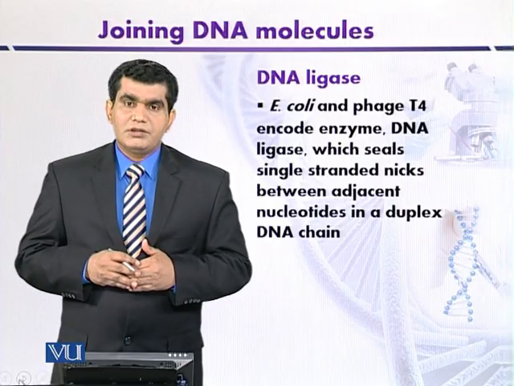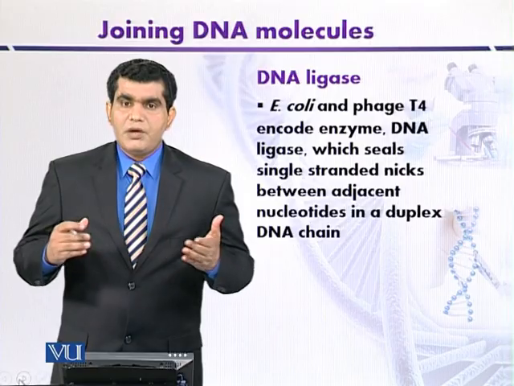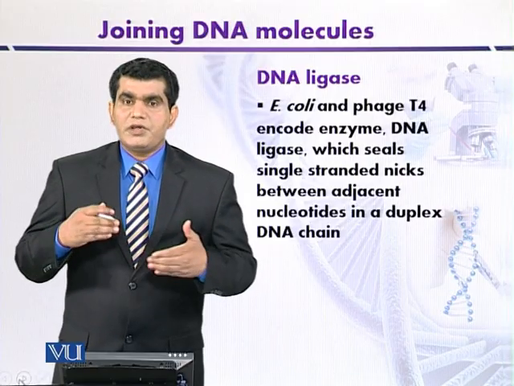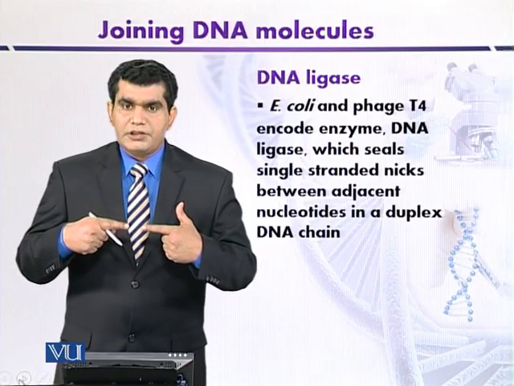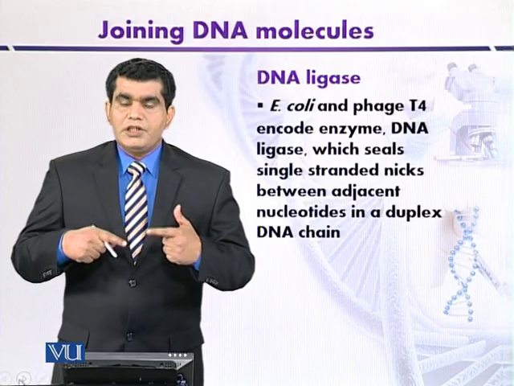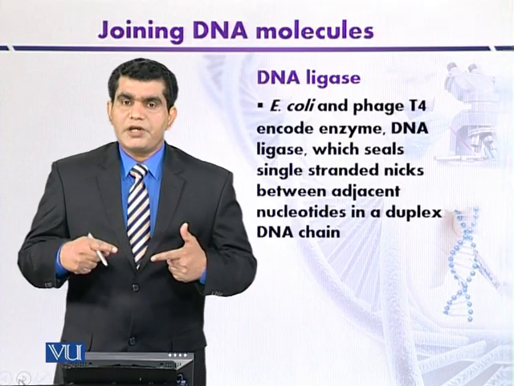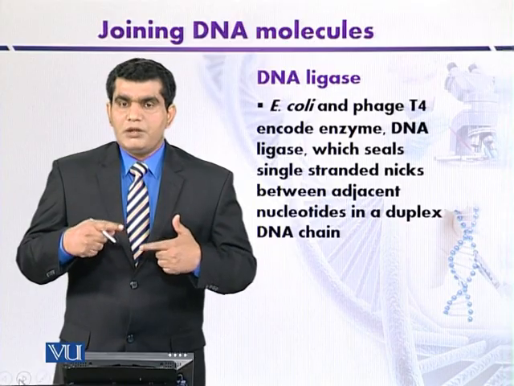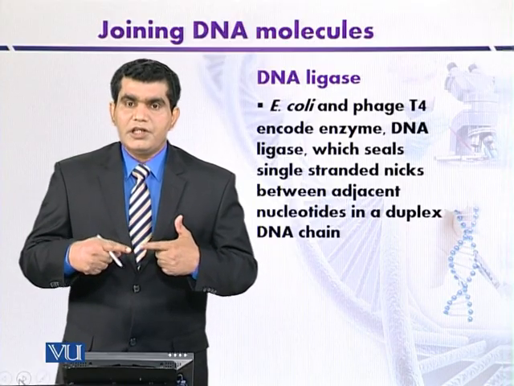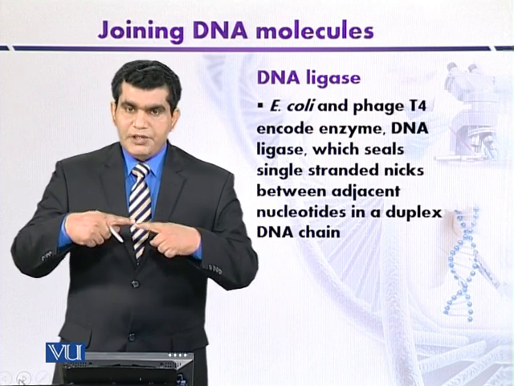As I mentioned, DNA ligase mediates the formation of phosphodiester bonds between two adjacent nucleotides. So it introduces a bond between the 5' phosphate and 3' hydroxyl group, because when two DNA molecules have sticky ends, they will join because of complementary base pairing.